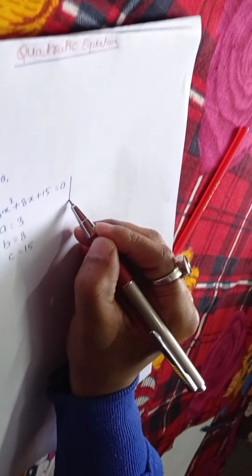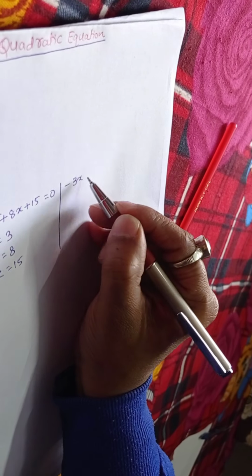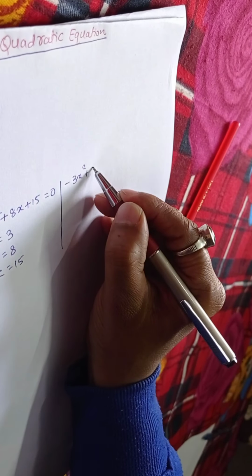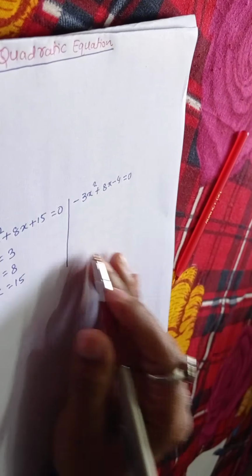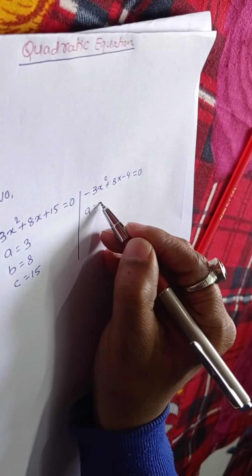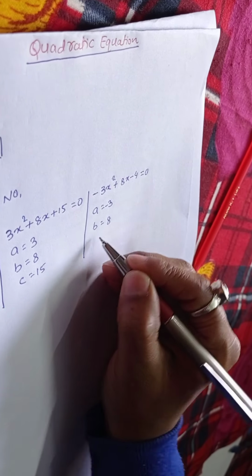Let's take some more examples, like minus 3x square plus 8x minus 4 equal to 0. Here a is minus 3, b is 8 and c is minus 4.